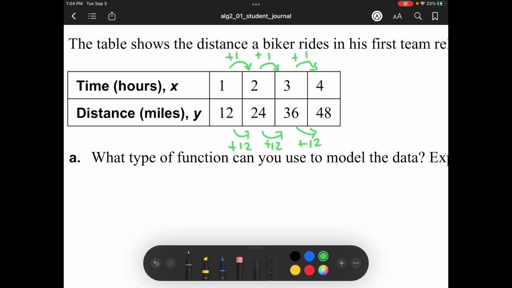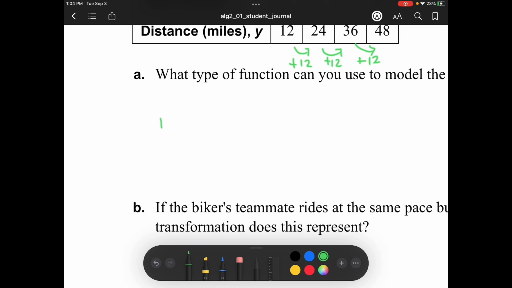So because we have equal increases, I'm going to go ahead and say that's going to have to be our linear function. So I'm going to say linear function. Okay. And there is a really good way to explain this linear function here.